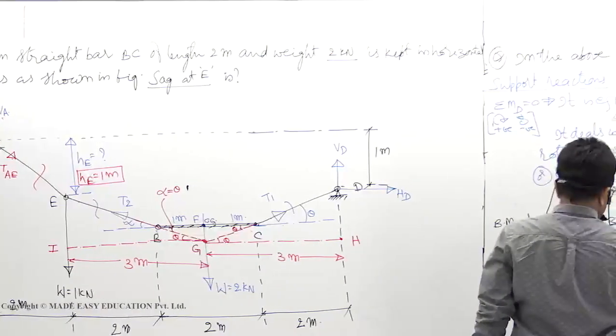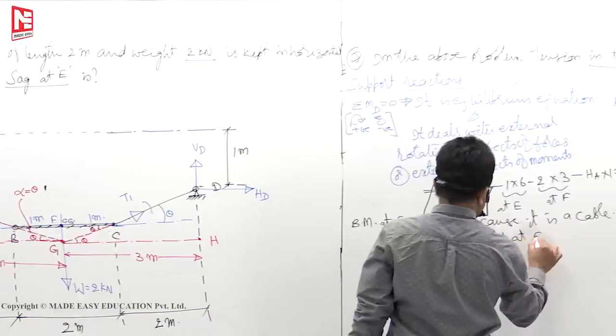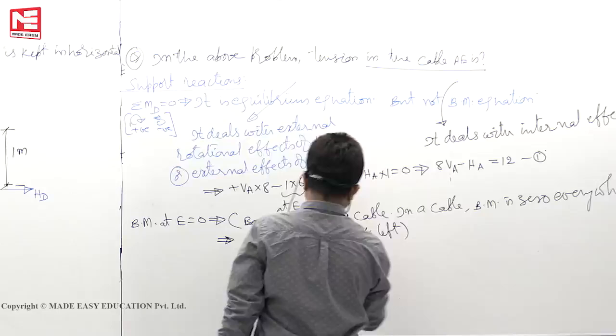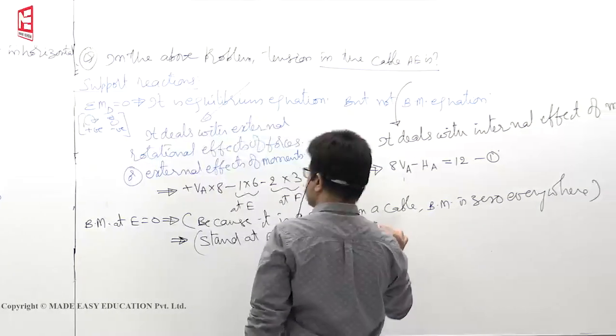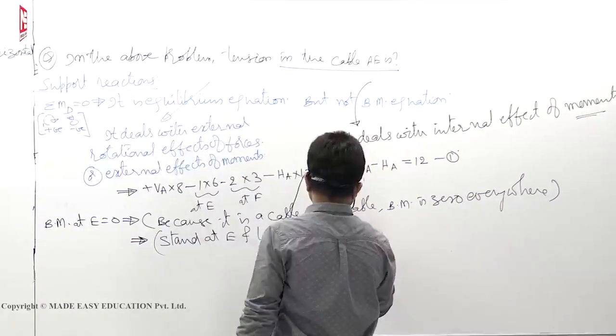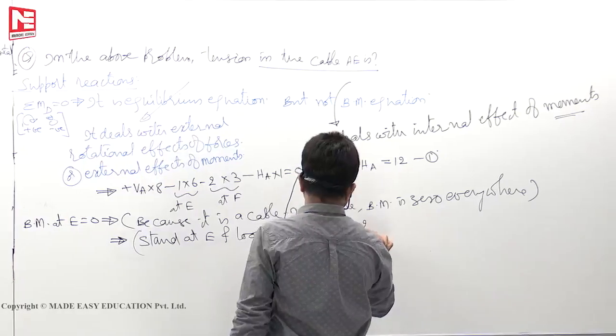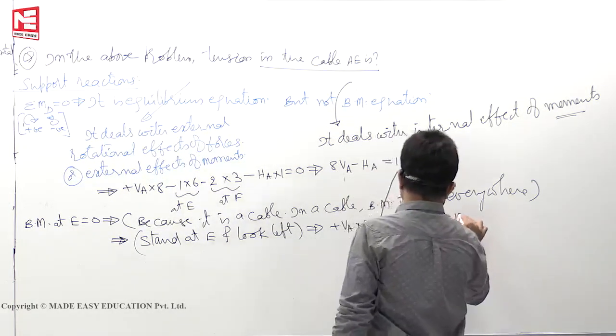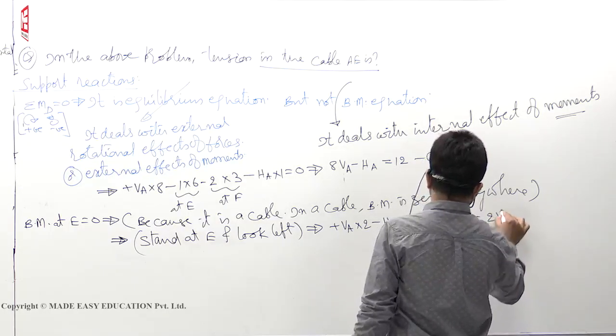So, plus VA into 2 minus HA into 1 is equal to 0. From this you will get HA is equal to 2 VA.